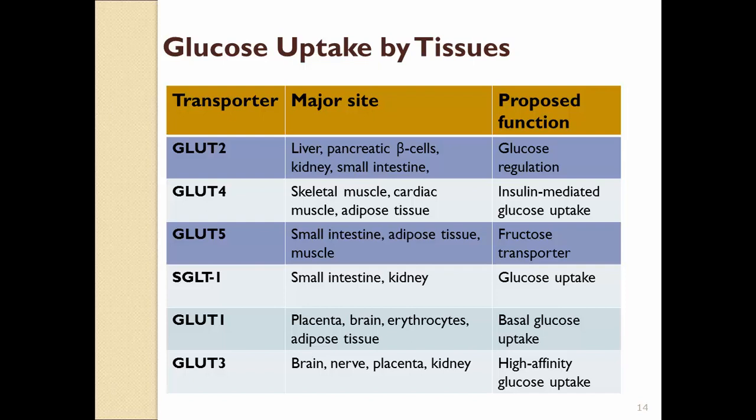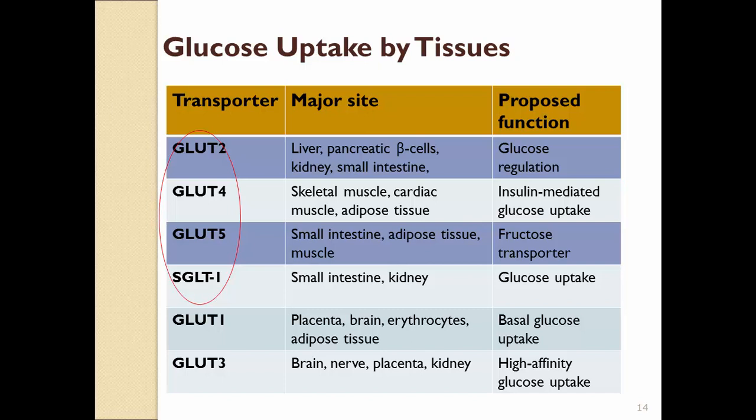And this table just gives you some idea of the different types of glucose transporters and the major sites of their location. For example, GLUT2 is usually present in the liver, pancreatic beta cells, kidney, and small intestine, right?